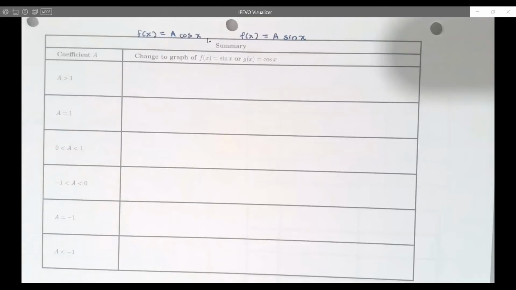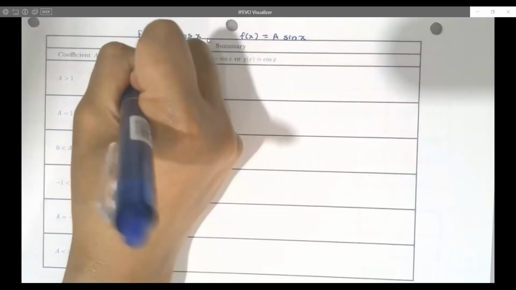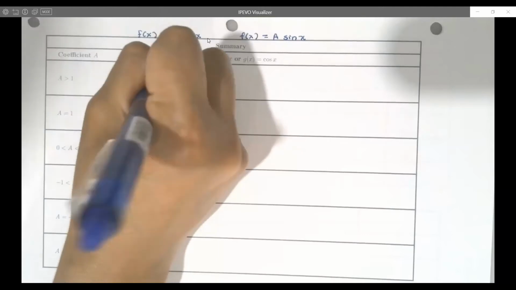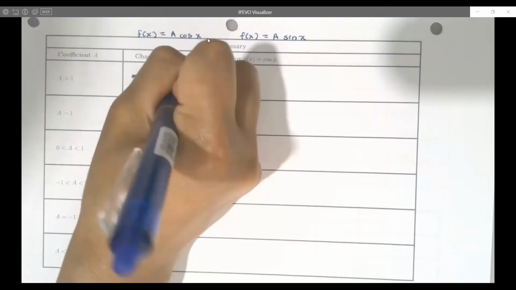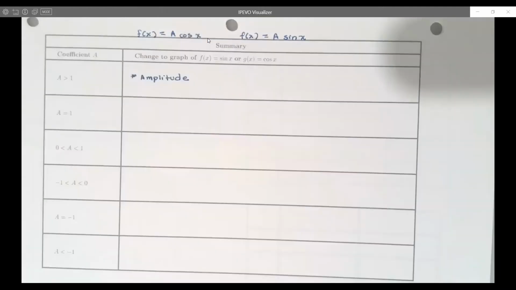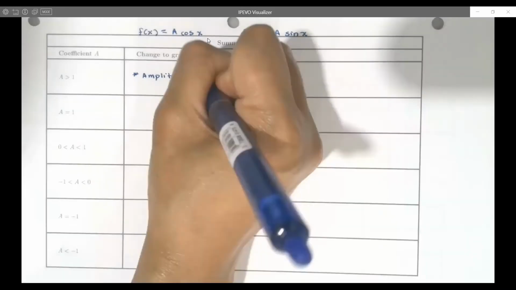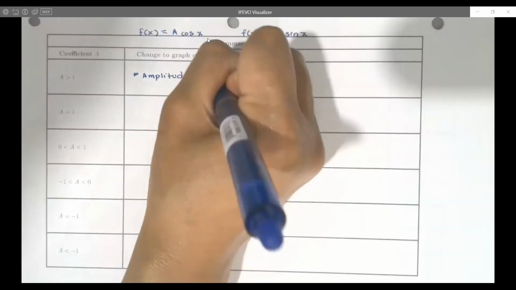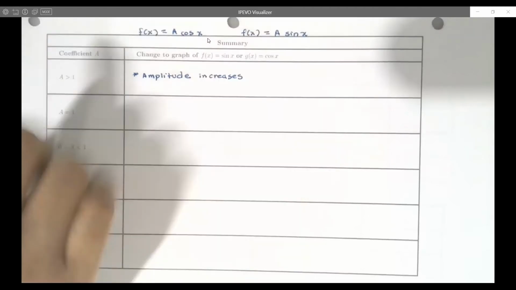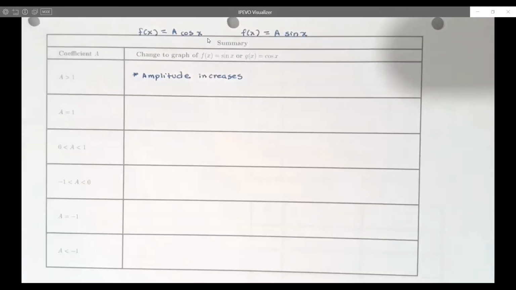Amplitude? Amplitude, yeah, it's going to change. How is it going to change? Is it going to increase, decrease? Yeah, very good. It's going to increase, and so amplitude increases if this number is greater than 1.